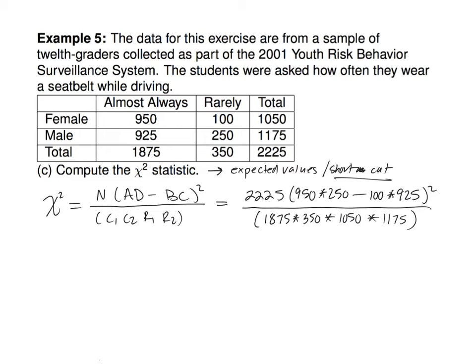So 2225 times parenthesis 950 times 250 minus 100 times 925, close parenthesis squared, divided by parenthesis 1875 times 350 times 1050 times 1175, close parenthesis, go. I got a chi-squared value of 57.778, so say 57.8 is good enough.